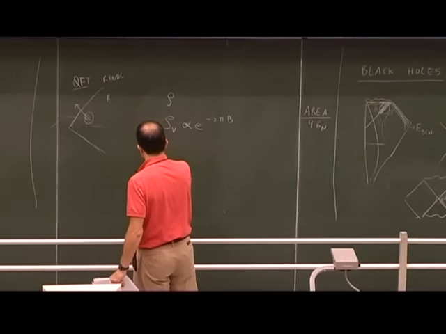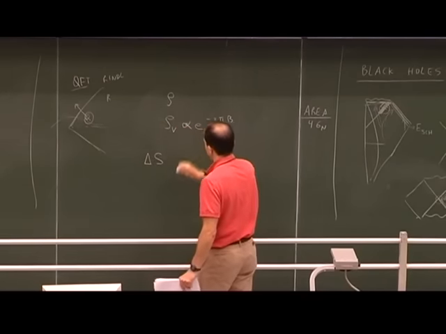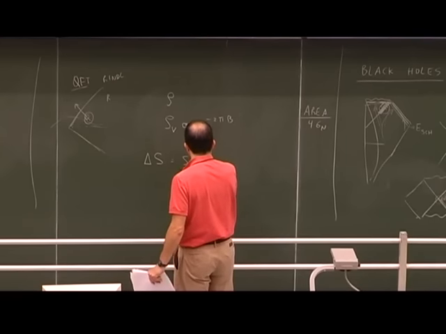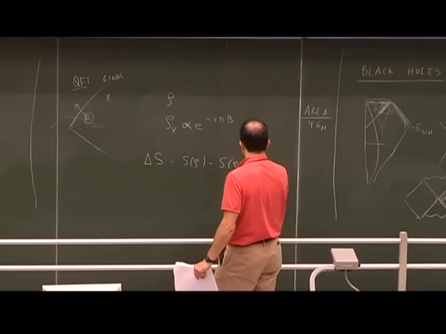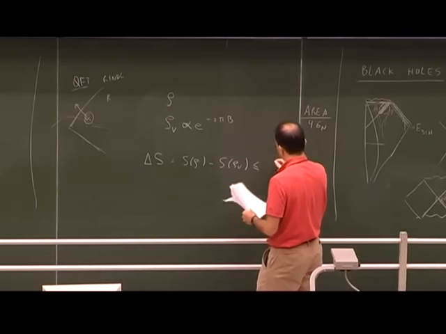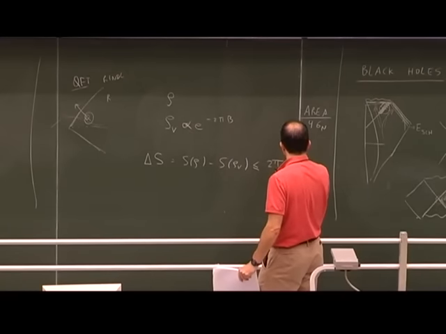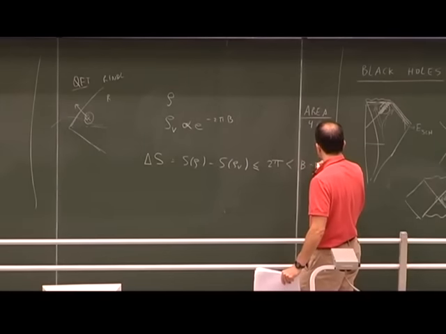And it turns out that if we compute the difference in entropy between any state and the vacuum, so the entropy associated to rho minus the entropy associated to rho vacuum, this should be less or equal than 2 pi times the difference in boost energies between the state we are interested in and the vacuum one.